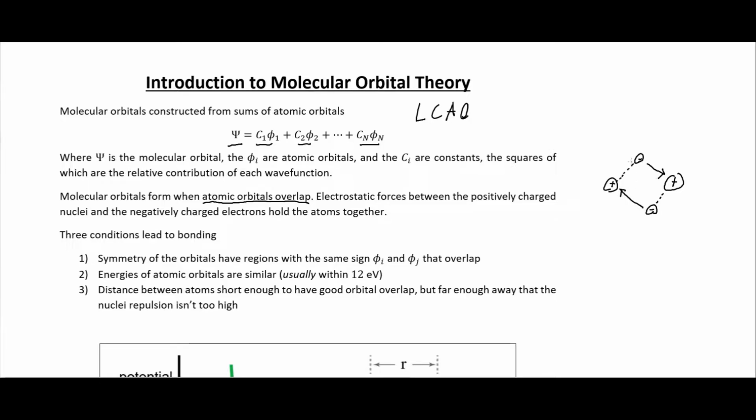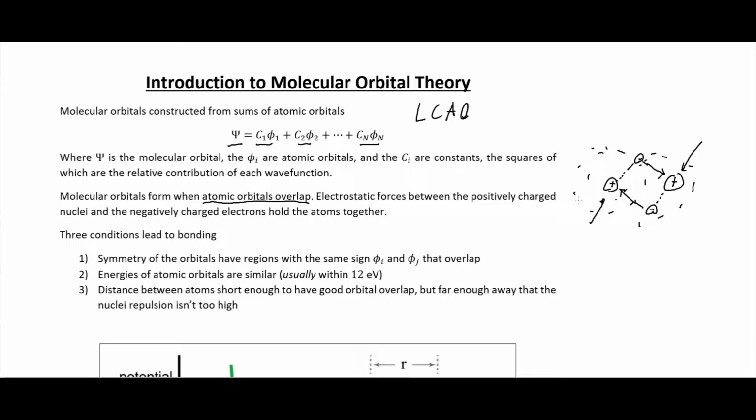And that's going to hold these things together. Because remember, in reality, the electrons are in a cloud around here. And so when the clouds overlap like this, the electrons from this atom right here will be attracted to that atom right there and vice versa.